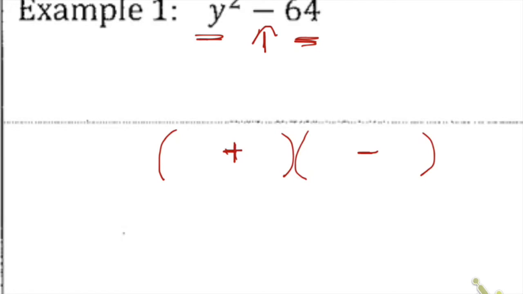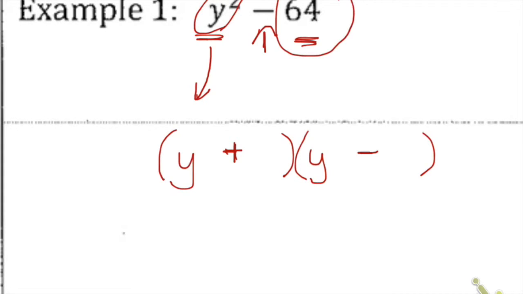And then we know that the first term is the square of the first terms in the factor, so that's got to be y. And the second term is the square root of that second term, so the square root of 64 is 8. And we've established that pattern in reverse.